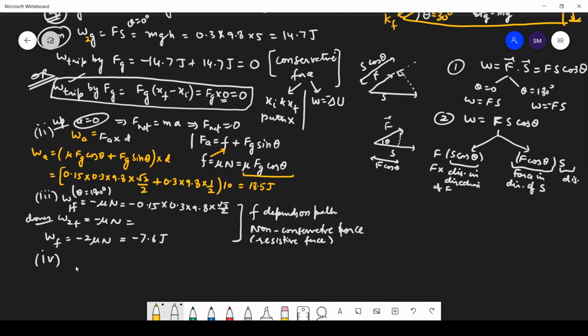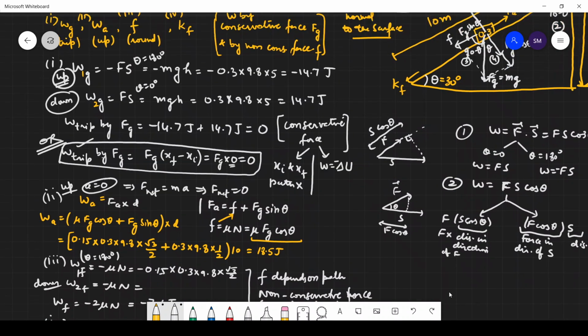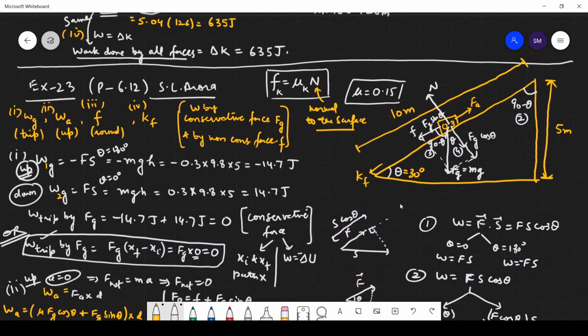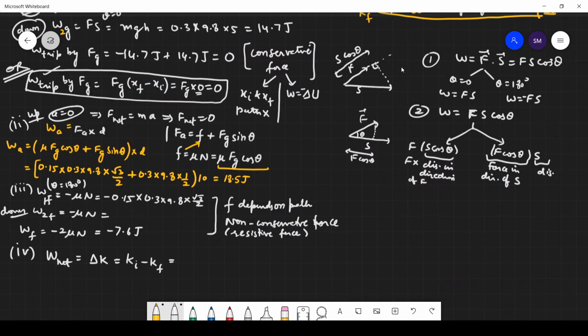And now we have the fourth part of this question, and that is the kinetic energy of the body at the end of the round trip. So we know that work done by the net forces is equal to change in kinetic energy, right? So kinetic energy final minus kinetic energy initial, and initial was 0, right? Here the body was at rest when it was allowed to come down, so initial kinetic energy is 0.